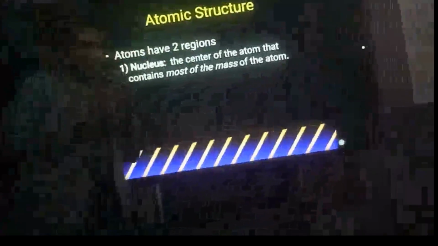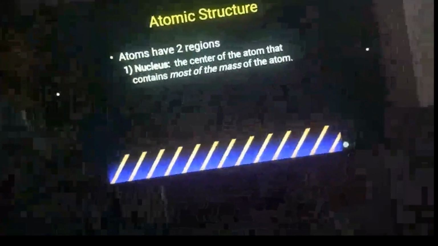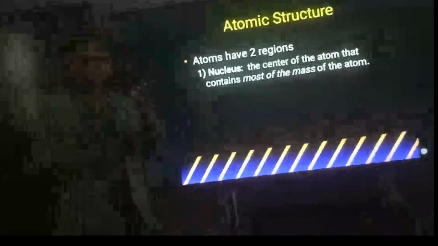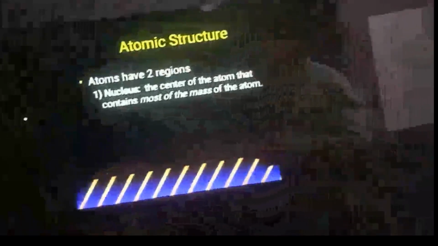The first part is what? The first part is called the nucleus. Normally the nucleus is the center region of the atom. Normally a majority of the mass of the atom is concentrated inside the nucleus.